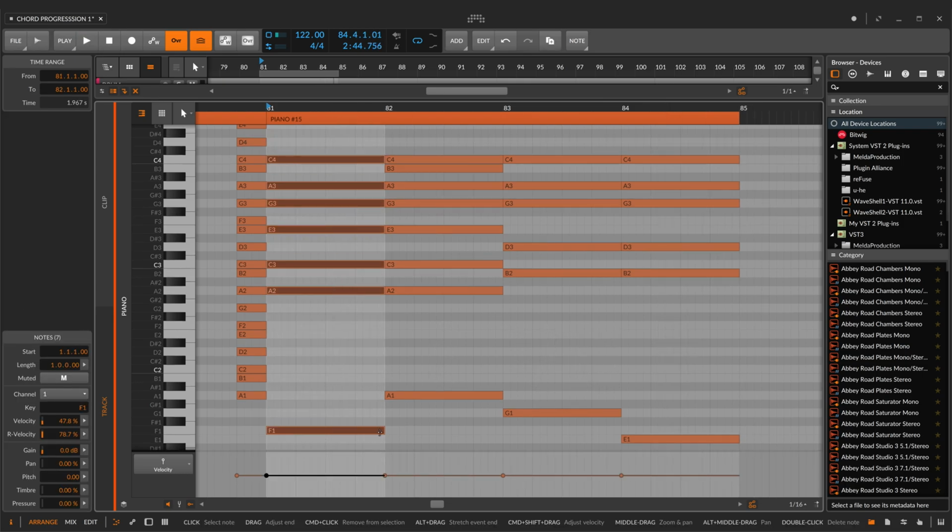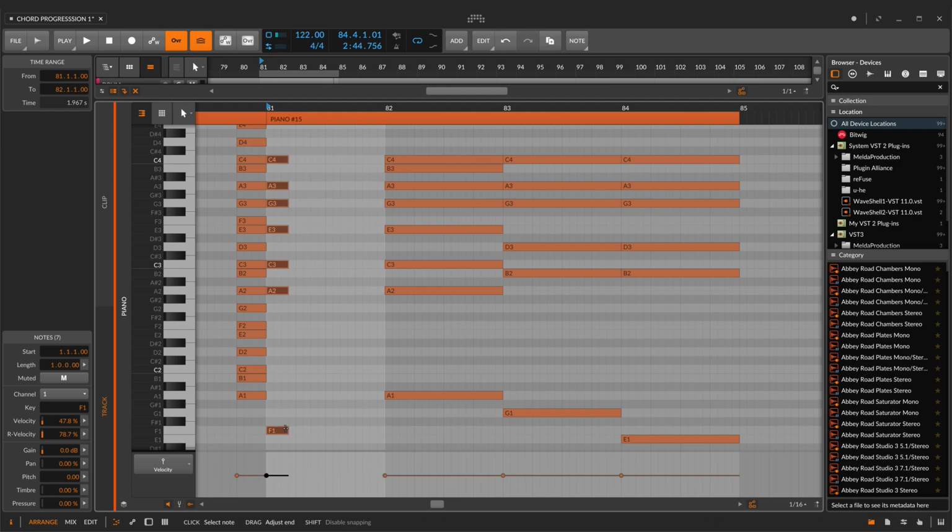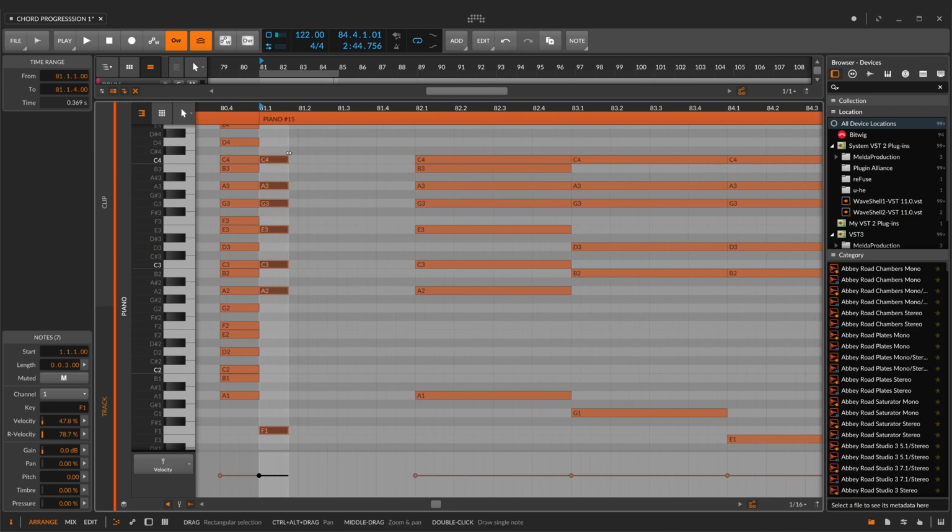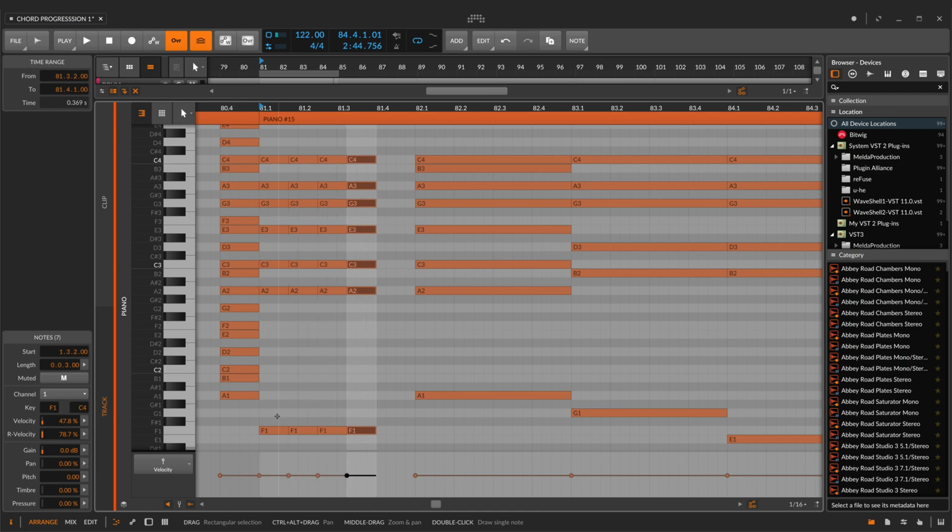Now let's make a rhythm. Basically, you can divide, you can repeat your chord sometimes, and you can create a 1-bar pattern, 2-bar pattern, or 4-bar pattern. I'm gonna make a 1-bar pattern, and I'll duplicate this one for each chord of my progression, and we'll see what happens.